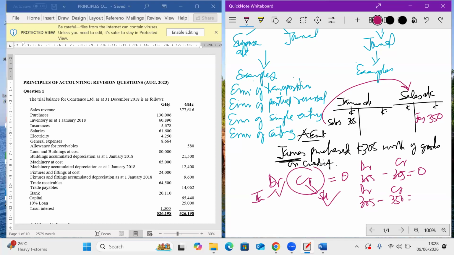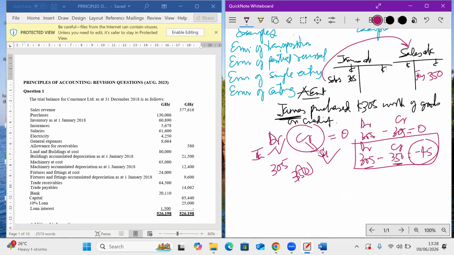What do I have? Negative 45. Because the values are not the same, unlike the previous one where I got 0, we say this is an error that affects the trial balance because it's transpositional. It should be 305, but the person recorded 350. So he interchanged the 0 and 5, right? And it has made the credit side more than the debit side, so it was not going to balance. Balance means when you subtract, you get 0.